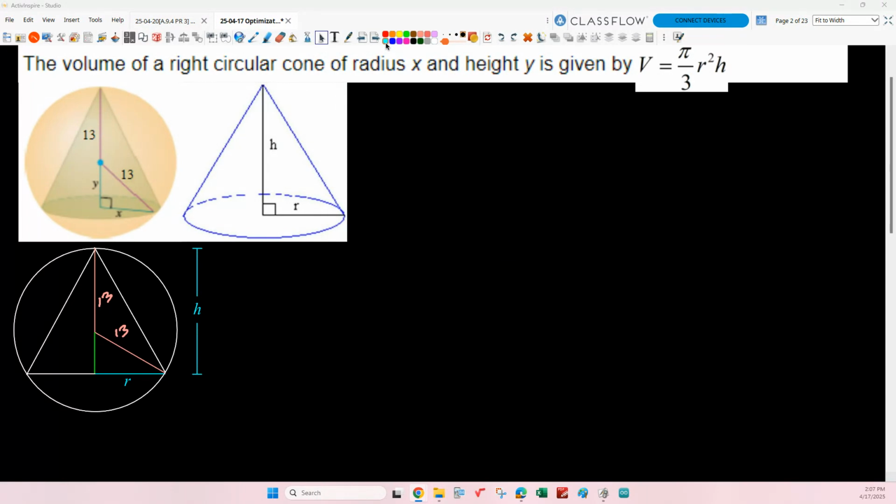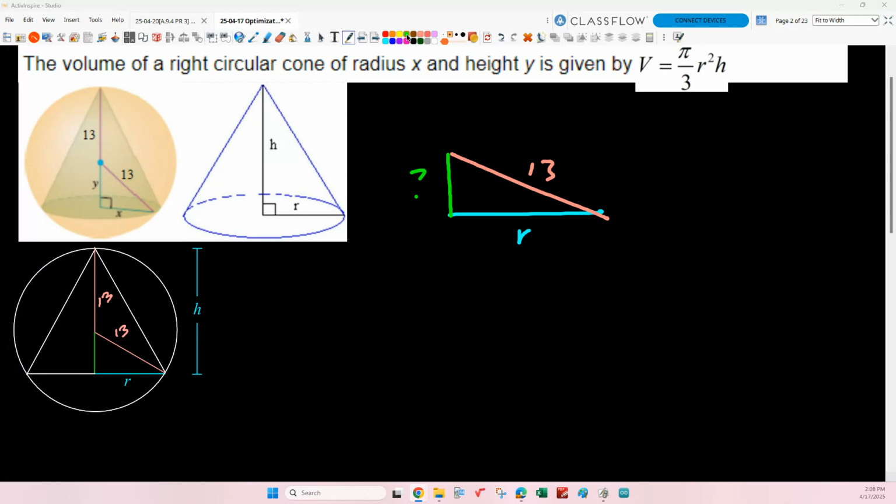So we've got R, that's our horizontal leg, that's our vertical leg, and that's 13. What's the dimension of that leg of the right triangle?